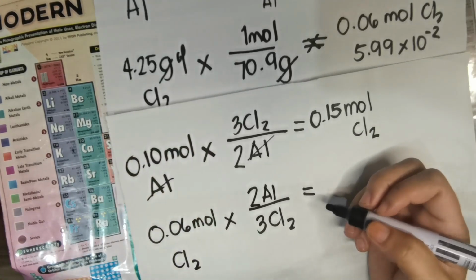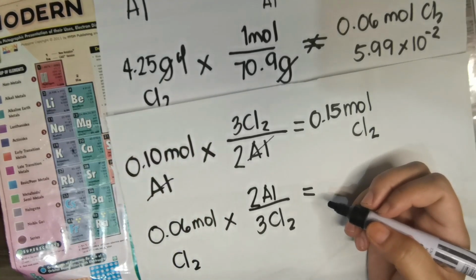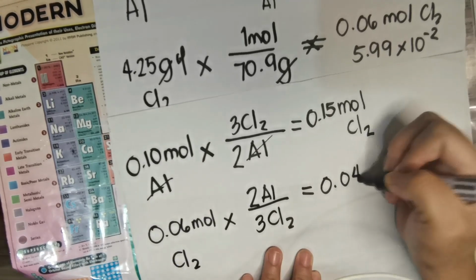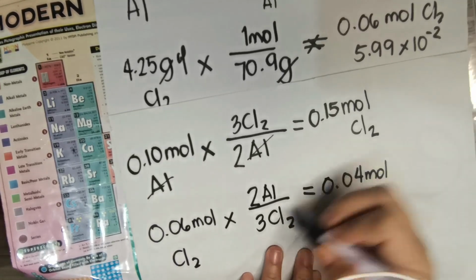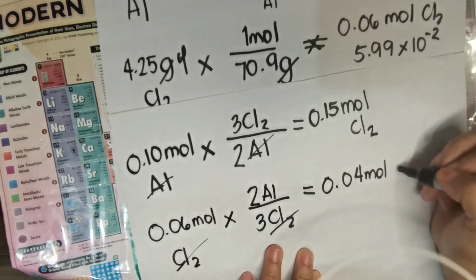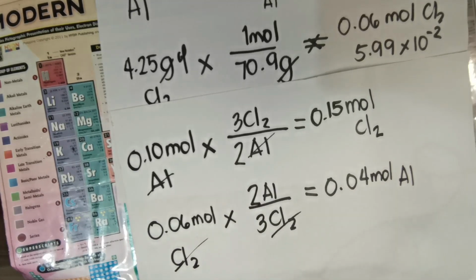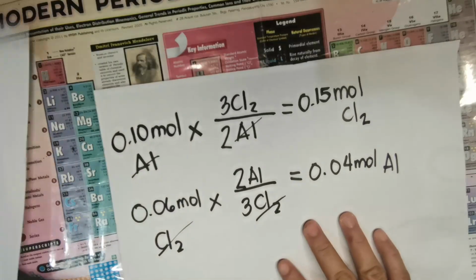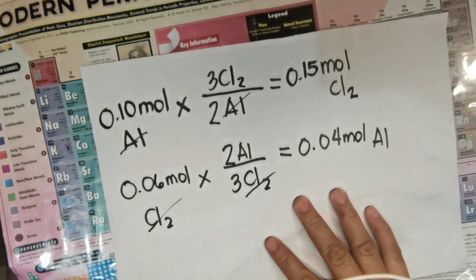So, 0.06 times 2 divided by 3. So, we will have this answer of 0.04 mole of, dahil cancel na si chlorine, aluminum. Now, let us try to, set aside ko na to. Let us try to analyze the answer.